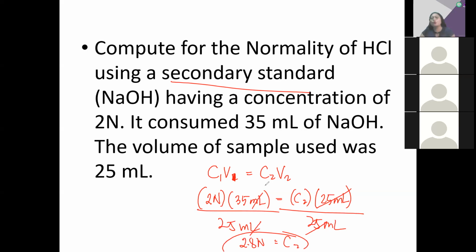But that's how you do the computation of the normality if during titration, secondary standard is used. But again, if primary standard ang ginamit, you use our original formula for normality, which is weight of the substance divided by ml times milli-equivalent weight.